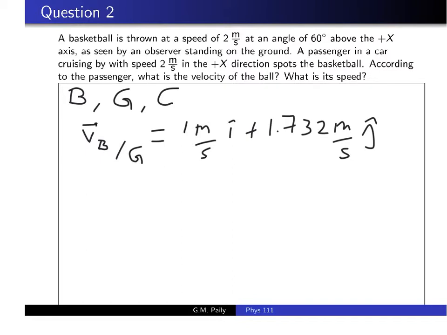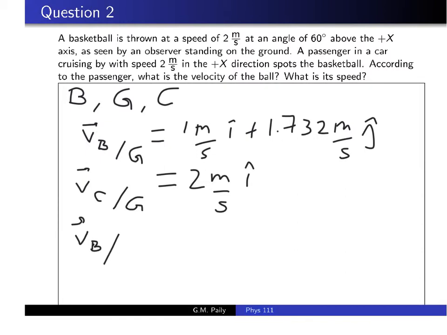Next, we realize that we are given information on the velocity of the car as seen by the observer on the ground. This is simply 2 meters per second i hat. Finally, we want the velocity of the basketball as seen by the observer in the car.